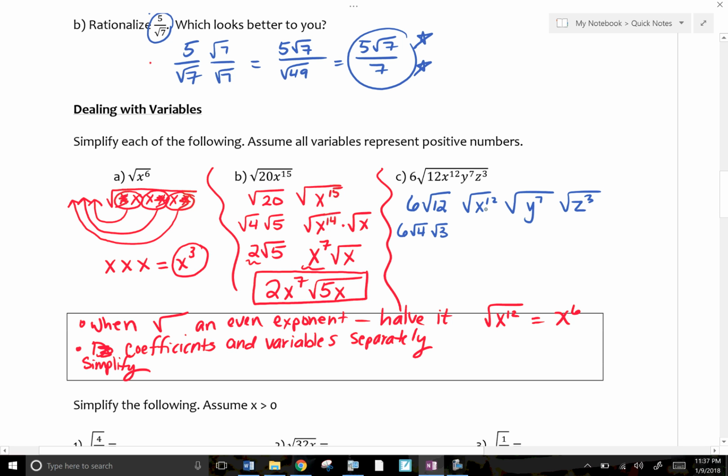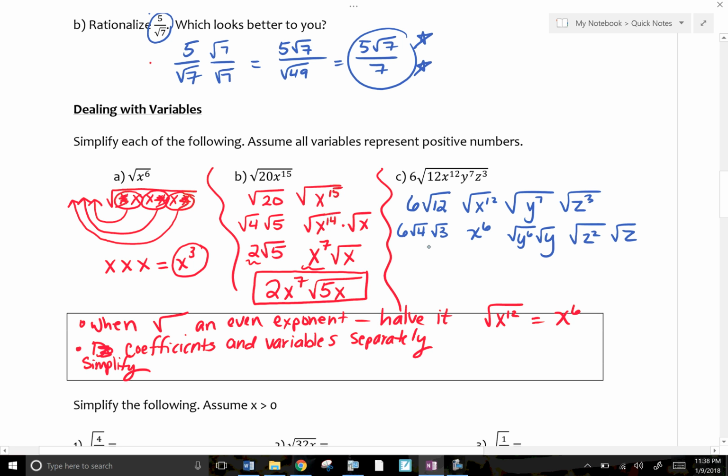X to the 12th, 12 is even, just gets cut in half. And these are both odd, so y to the 7th I'm going to write as y to the 6th times y, and z squared times z. Okay, 6 plus 1 is 7, 2 plus 1 is 3.